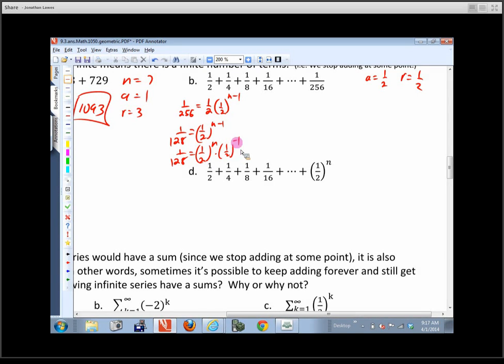Okay, negative means you can flip it over. It means reciprocal, right? Okay, so if I come up here, this is 1/128 equals 1/2 to the n times 2. So if I want to get rid of that 2, I'm going to multiply both sides by 1/2. So this is 1/256 equals 1/2 raised to the n.